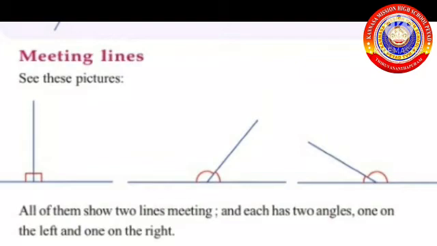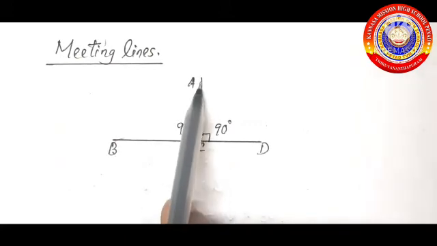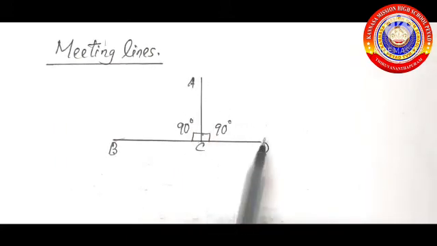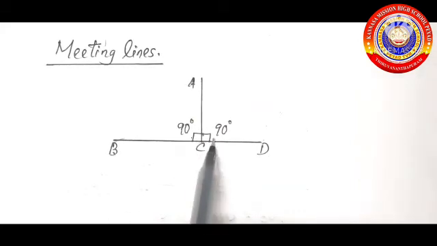In the second and third pictures, the angle on one side is that much more than 90 degrees as the angle on the other side is less than 90 degrees. So, the sum of the angles on either side is 90 plus 90, which is equal to 180 degrees.